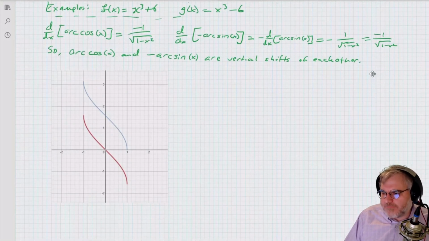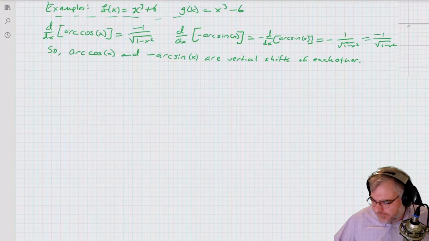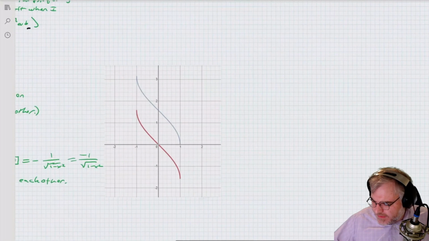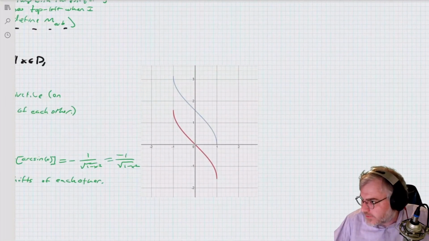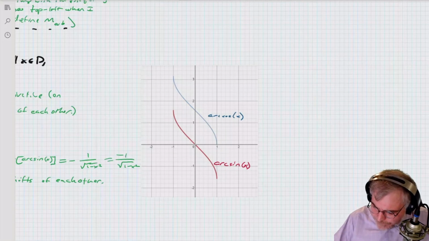I'll put it over here. What is C? Here's arc cosine. Arc cosine is in blue, and that's green. And this one right here is arc sine. Okay. And the shift, by the way, is pi over 2.